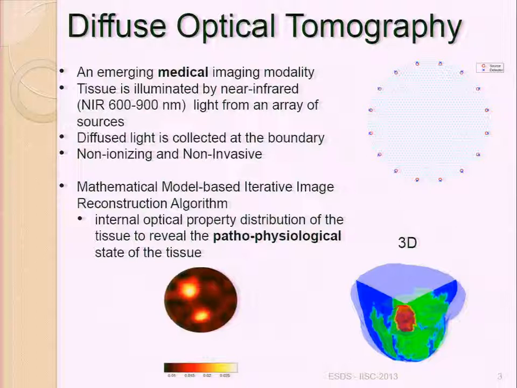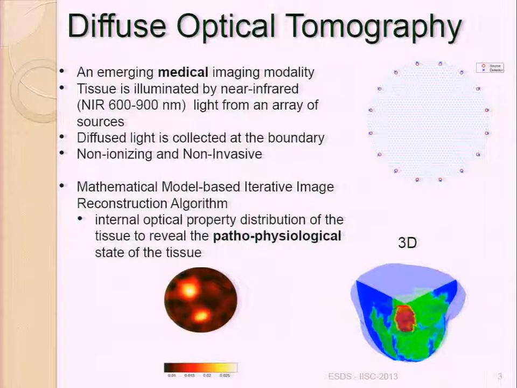What is DOT? DOT is one of the emerging medical imaging modalities in which the tissue is illuminated with near infrared light, and from an array of detectors the boundary data is collected. From that we try to reconstruct the internal optical properties. So this is a non-ionizing, non-invasive medical imaging modality.